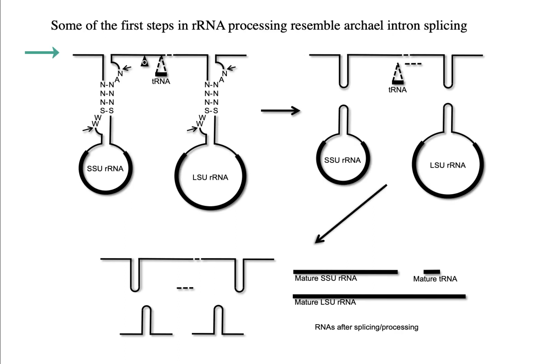When you look in archaeal ribosomal RNA loci, as well as the loci in some other organisms, including bacteria and eukaryotes, you find that the ribosomal RNA is processed in a manner that's similar to archaeal intron splicing, in that there's a pairing and you get a bulge-helix-bulge region, and then you have clipping of those sequences, freeing up the small subunit ribosomal RNA and the large subunit ribosomal RNA, which circularize, and then those are further processed by other RNAs to become the mature small subunit and large subunit ribosomal RNAs.